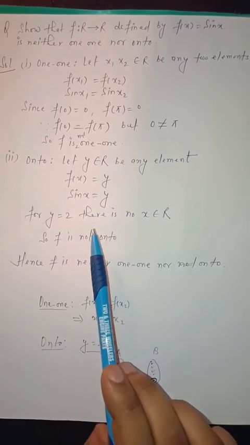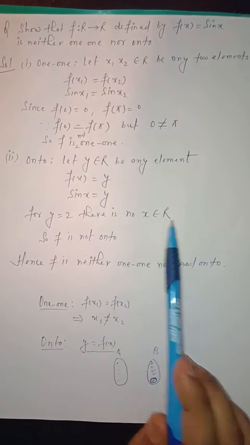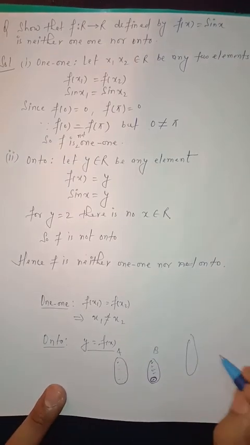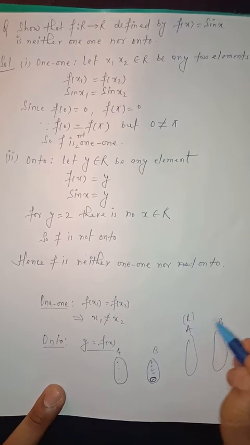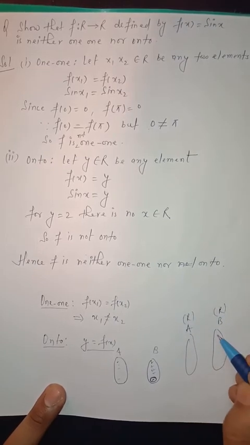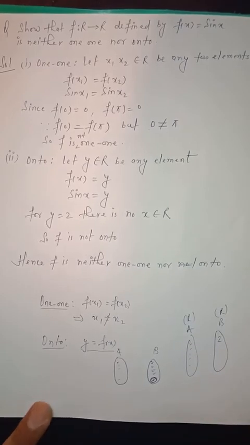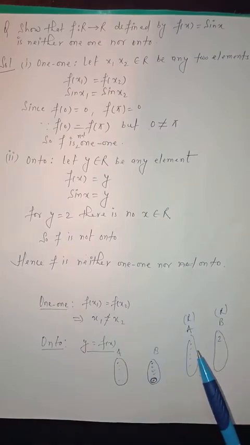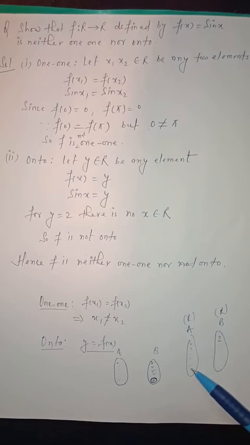It means when y is 2, there is no x which belongs to R. R means real numbers. Or we can say that if there are two sets A and B, this set is real numbers, this set is also real numbers. So there is a 2 which has no pre-image in set A. So that's why I am saying when y is 2, there is no x which belongs to R, meaning in set A.